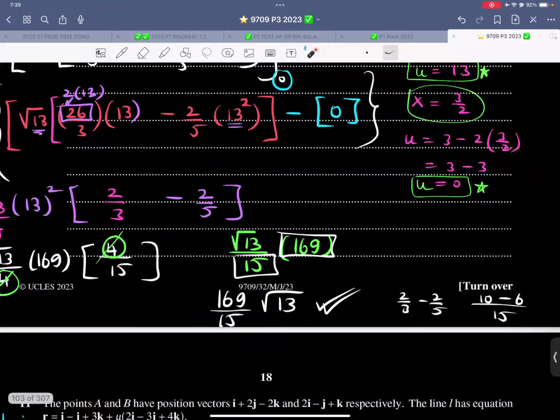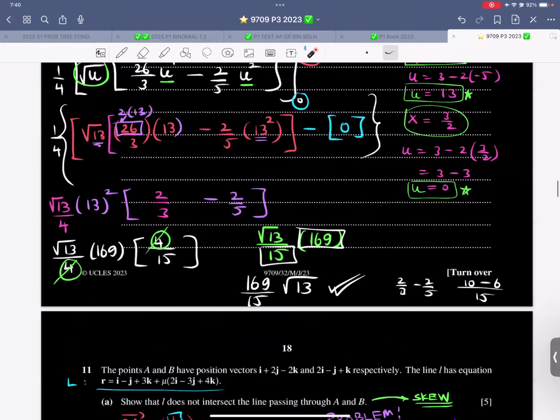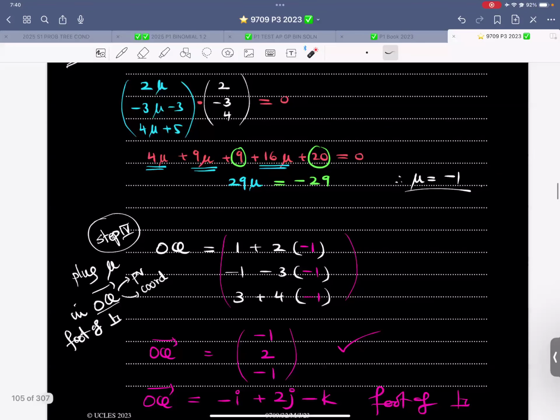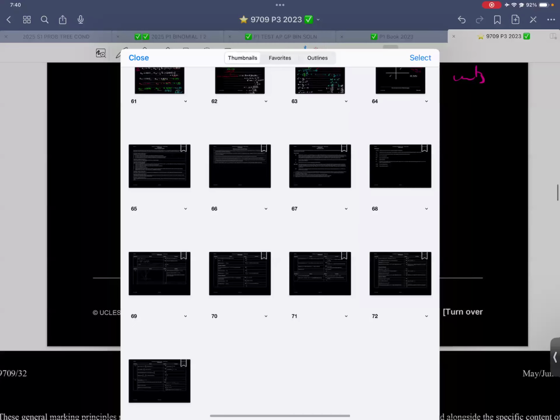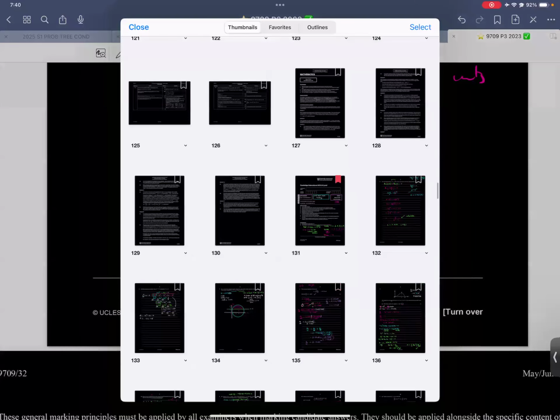Let's move on to next paper. Now let me choose something different. This looks nice.